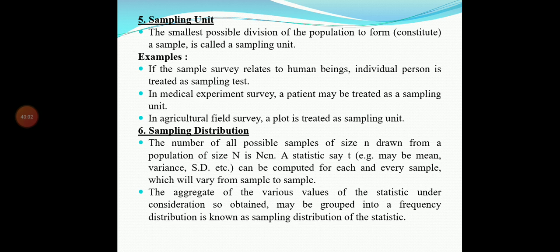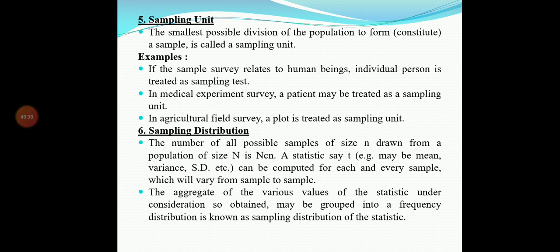Next definition, sampling distribution. Simply, the distribution of a statistic is known as sampling distribution. Now you see in detail, the number of all possible samples of size n drawn from a population of size capital N is NCn.